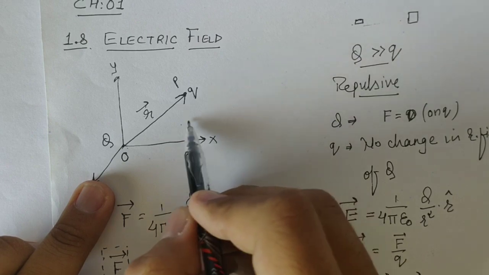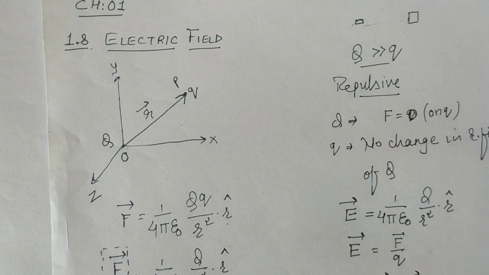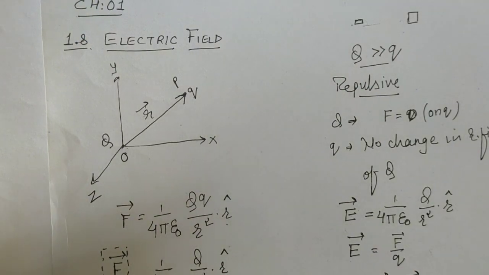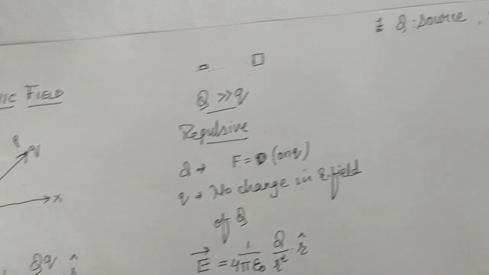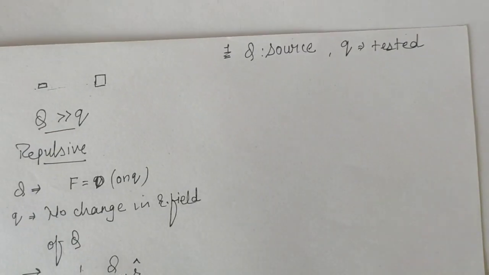At different places, we will set small q. Due to the different positions, the force on small q by capital Q will be different. This clearly shows that the electric field will be different at different points. So capital Q is fixed, it is the source charge, and small q is the test charge. By using it, we can test the field of capital Q.